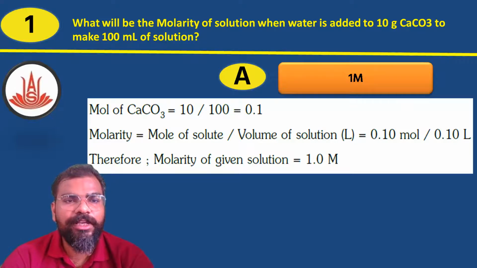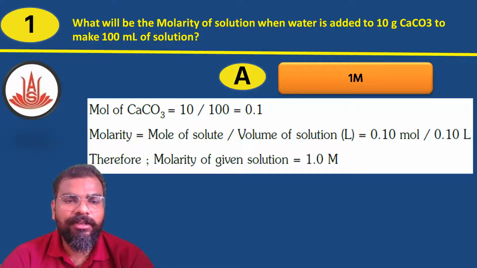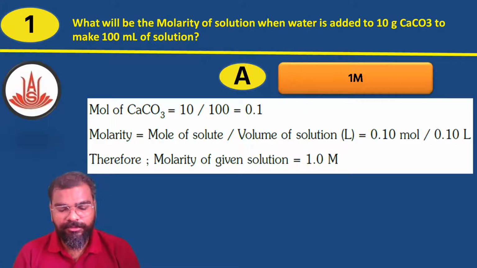So mole of solute we have calculated, 0.1, upon volume of solution, that is 100 ml, which is 0.1 liter. So 0.1 upon 0.1, therefore the molarity of the given solution is 1. That is, option A is the correct answer.